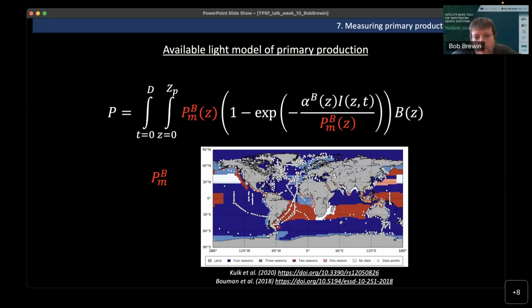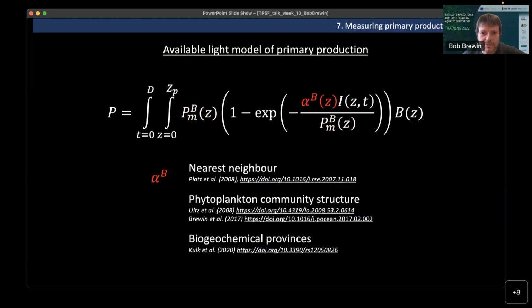And so if we have data collected in that specific region, we can average that within the region and feed that into our satellite primary production models. Not only regionally, but also seasonally as well. So we can look within a given province at how the PB max varies over the course of a season and feed that into our satellite primary production estimates.